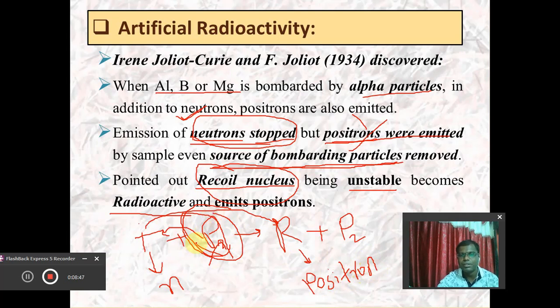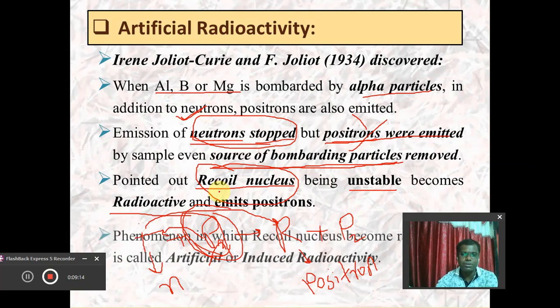So this is the simple case that can be studied here, and this recoil nucleus is unstable, and that's why it shows radioactivity. It means that we have converted stable elements like aluminium, boron, magnesium into an unstable recoil nucleus, and that's why we have made a non-radioactive element into a radioactive element, and this process is called artificial radioactivity.